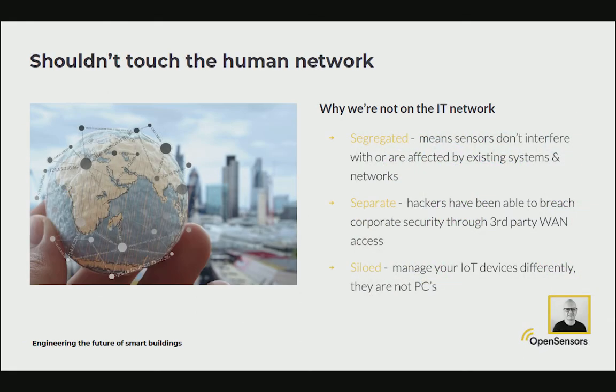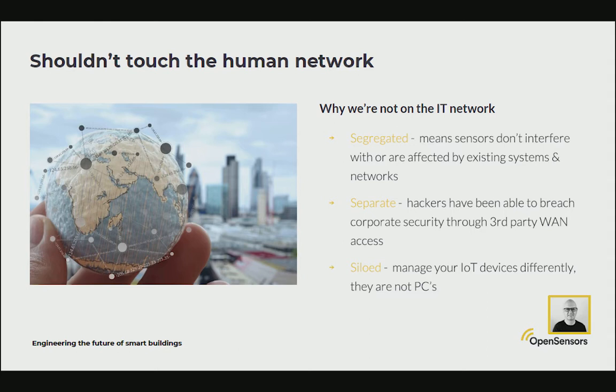It might seem like a strange title to use, but it's part of a set of principles. Our primary aim is to ensure that we have a robust and reliable system. So the first thing we do is we segregate. That means we don't run on the corporate IT network. We ensure our sensors don't interfere with, or are affected by, existing systems. We're separate.